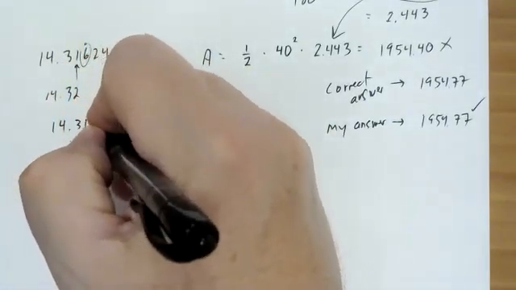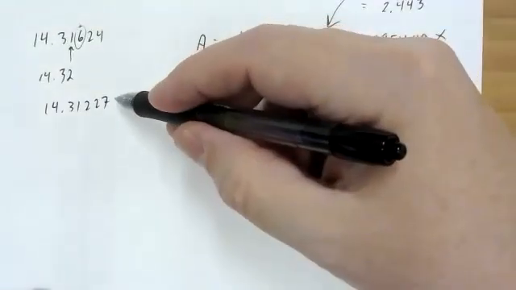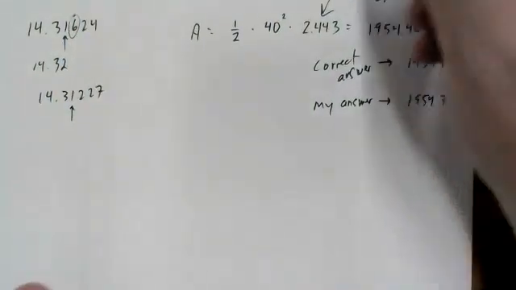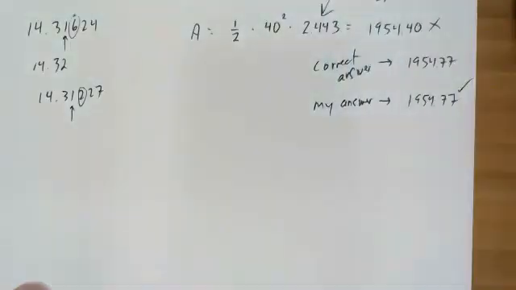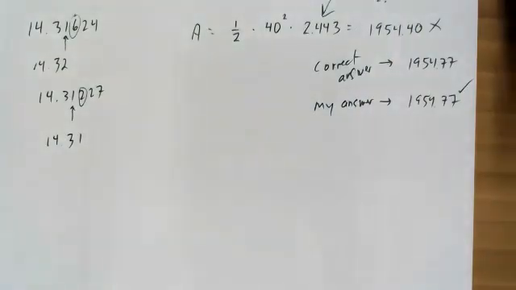However, if this was my answer, and I'm going to round it to the 2nd decimal place, then I look here, and since it's less than 5, then that digit does not change.